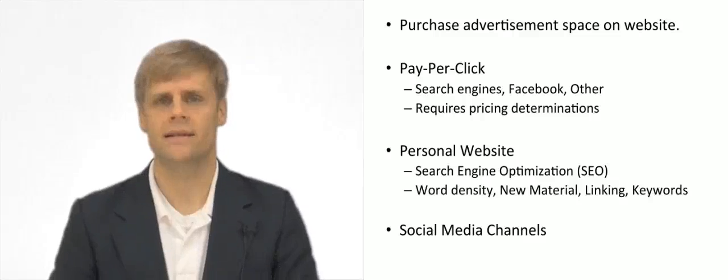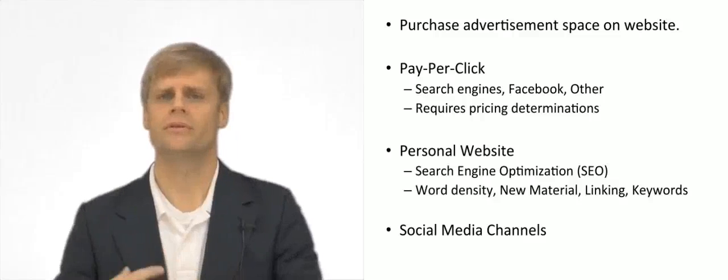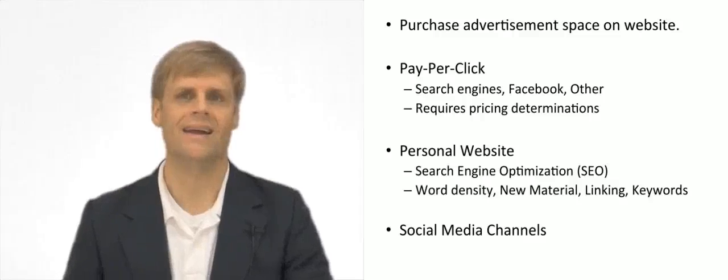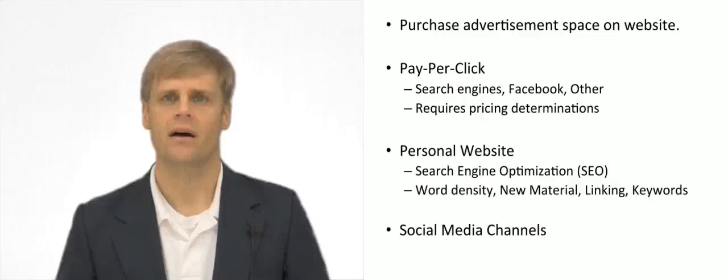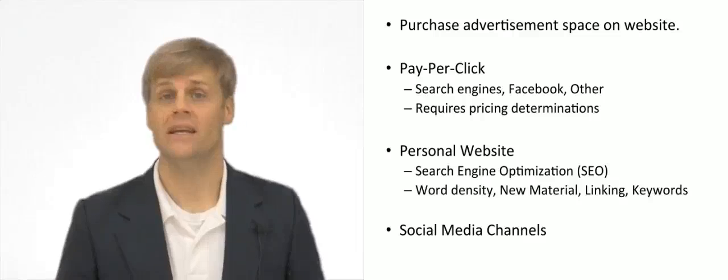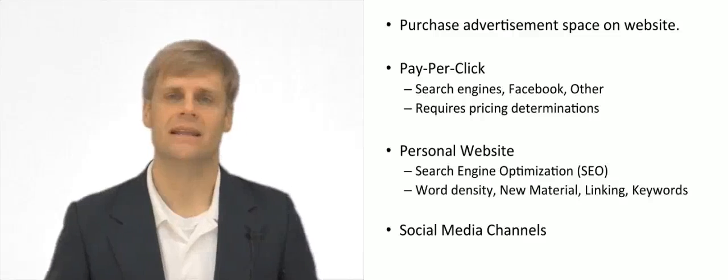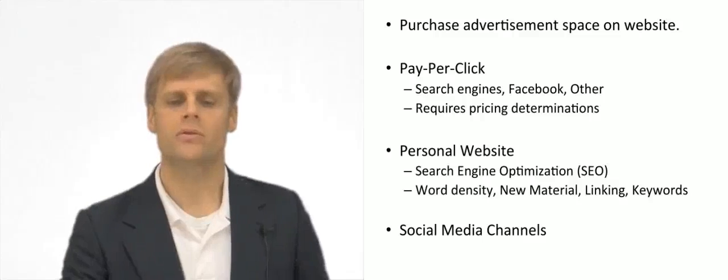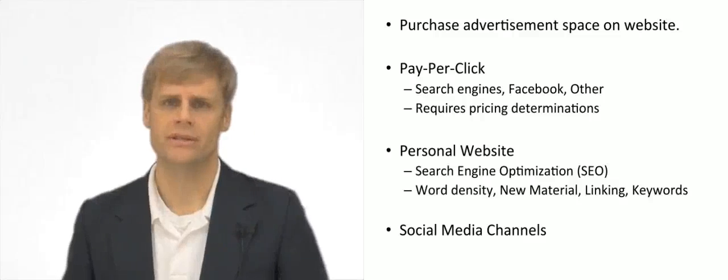Now, in some cases, you can purchase rotating ads or banners or things like that, things that link back to sales opportunities or videos or inlays or things like that on their website. So there's all sorts of website space that you can purchase.